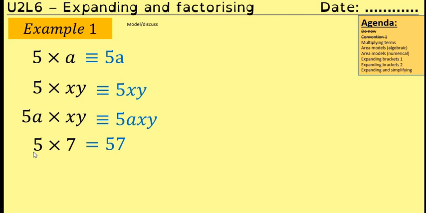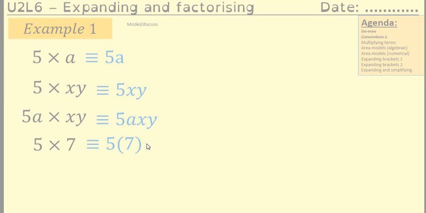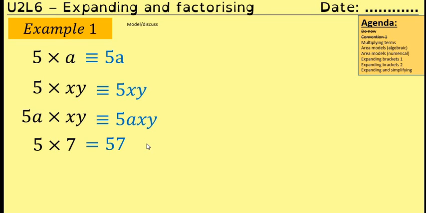So if we're multiplying 2 numbers together, we have to actually use brackets to show that these 2 things are being multiplied together, because it's not correct to write 57 like that. It has to be written like this to make any sense. And we know the answer is 35, but we're not trying to practice times tables here.